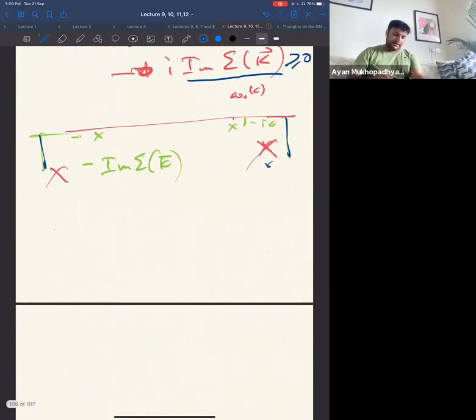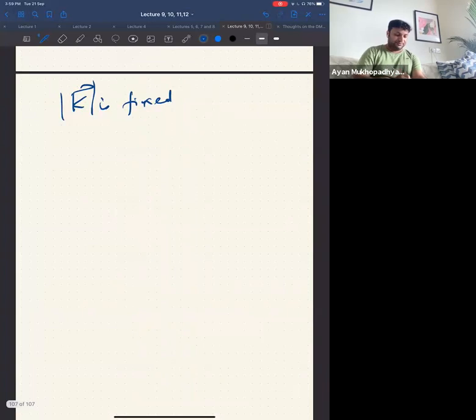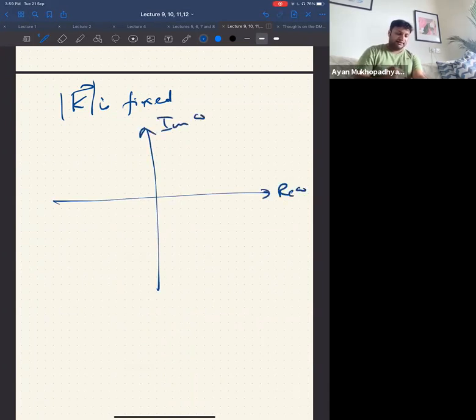Suppose I fix some momentum k, a particular mode I'm looking at of a harmonic oscillator, and I study the structure of G retarded omega k at fixed k, with real omega and imaginary omega axes.